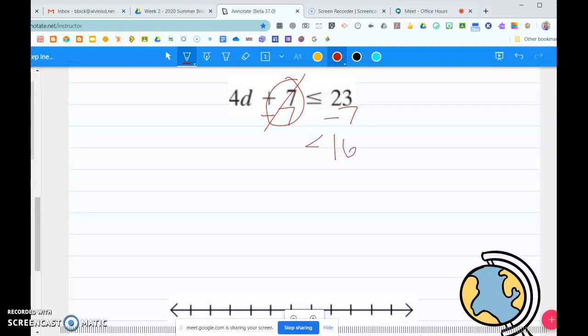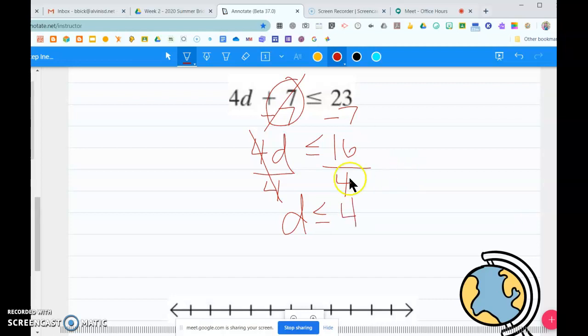Our sign stays the same, and bring down the 4d. Okay? Now we want to isolate the d, and if it's being multiplied by 4, we're going to do the opposite, which is division. So we're dividing by 4. So d is less than or equal to positive 4.